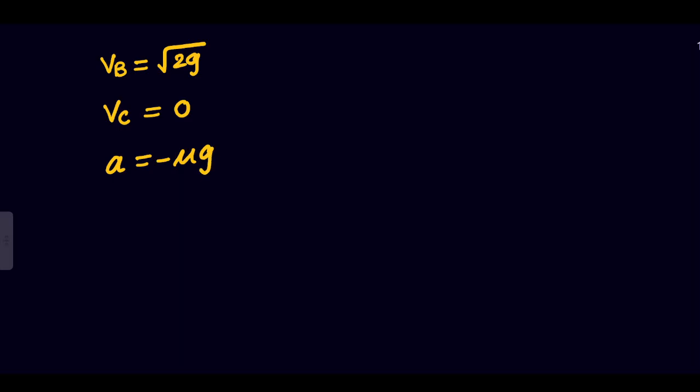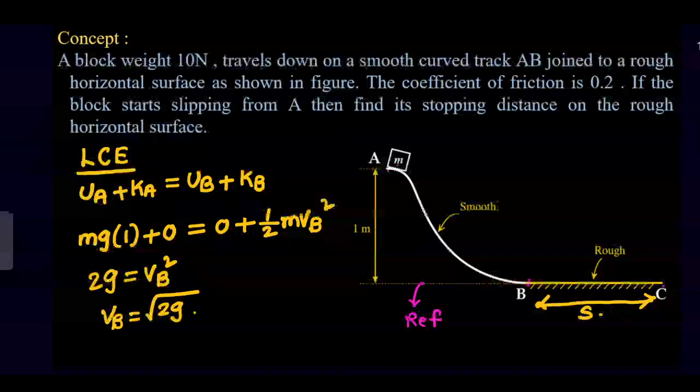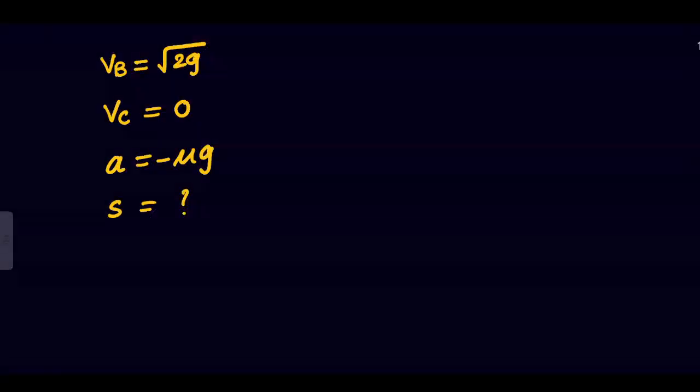I told you, try to remember this: on a horizontal surface with friction, the acceleration is minus mu g. The coefficient of friction given is 0.2, so this is equal to minus 0.2 into g. The displacement we have to calculate.